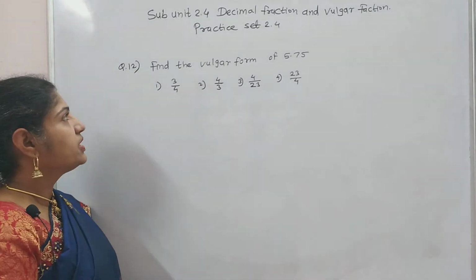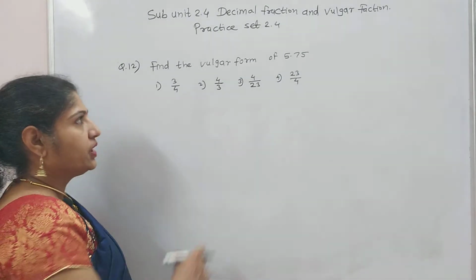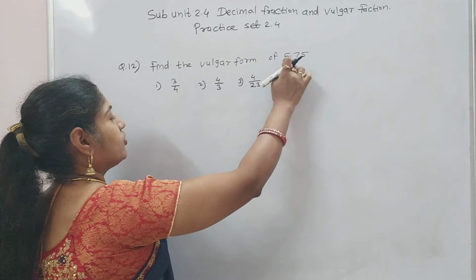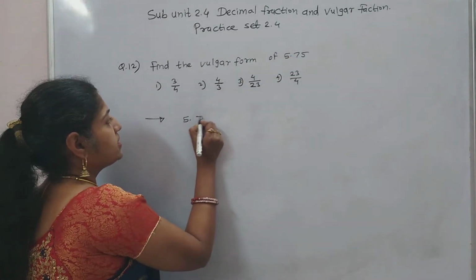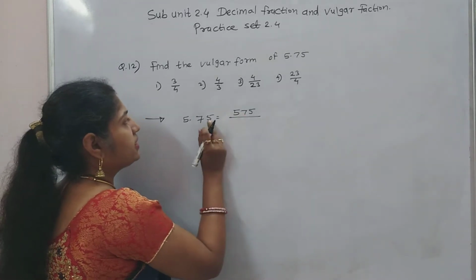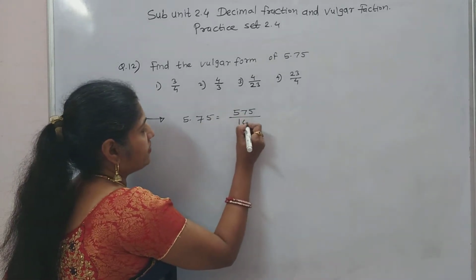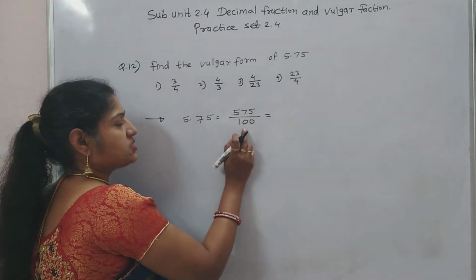Now next example, find the vulgar form of 5.75. This is the decimal form and we want it in the fraction form. 5.75 means 575 divided by, there are 2 decimal places, so divided by 100, and make it simplest form.